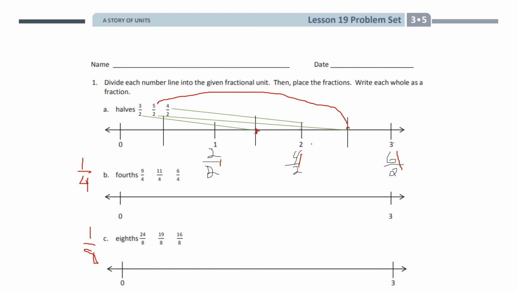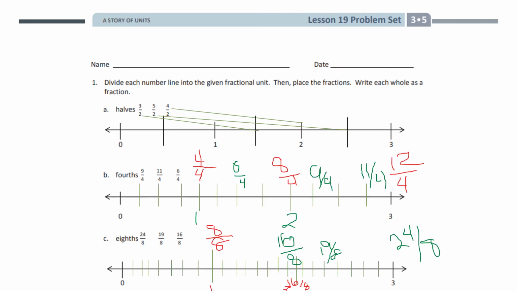All right, and we are going to go over the answers. As you can see for B, I rewrote the numbers, and as you can see too, I did my whole numbers in one color and my actual answers in a different color. So for B, we can see I have here 6 fourths is right here, 9 fourths is right here, and 11 fourths is right here.